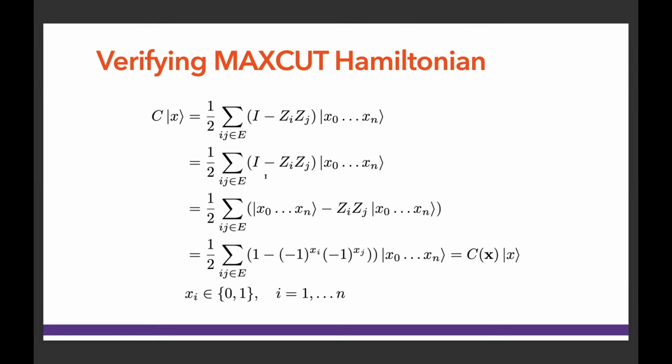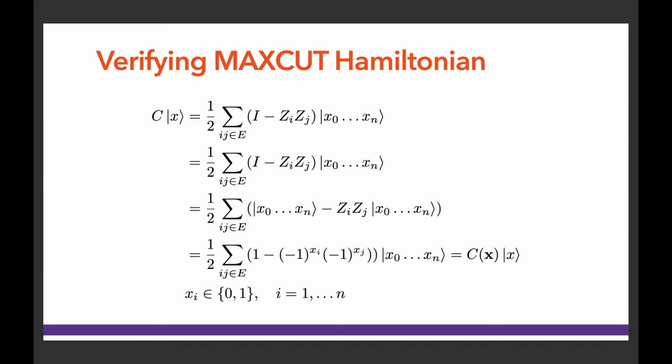What we get is, first by linearity, we can unroll it into this. So the first thing, identity acts on X, is just identity, and zi zj acting on X gives us -1 to the power of xi, -1 to the power of xj. And so this is exactly the correct value. This is the objective function value on the binary string X.